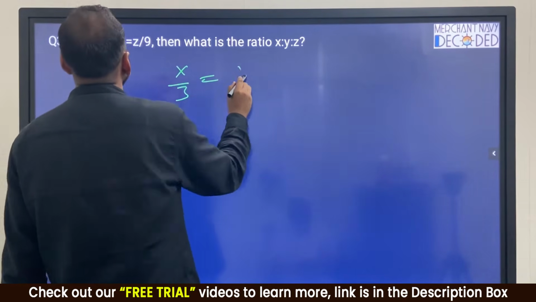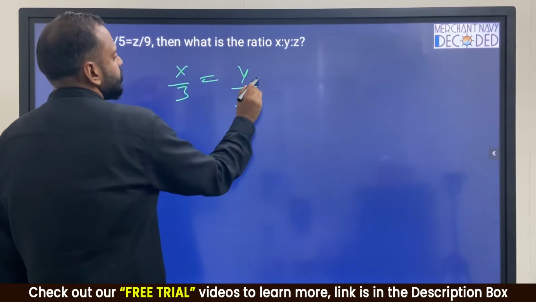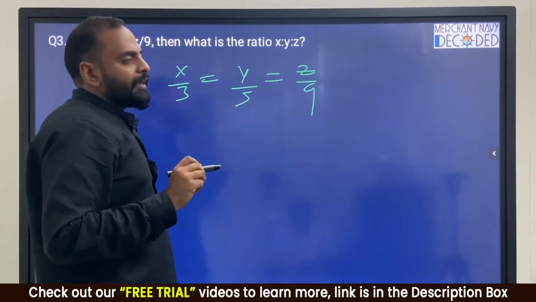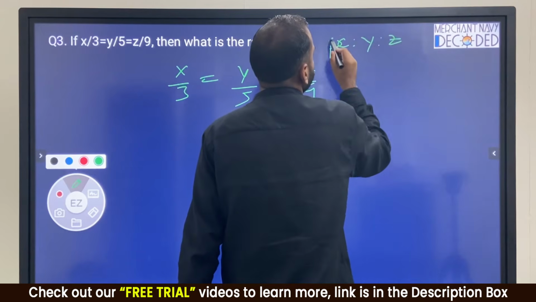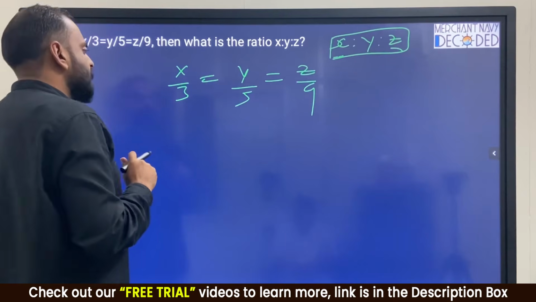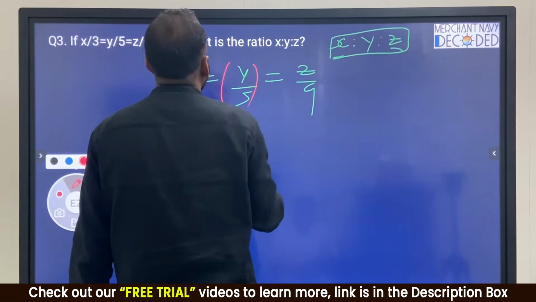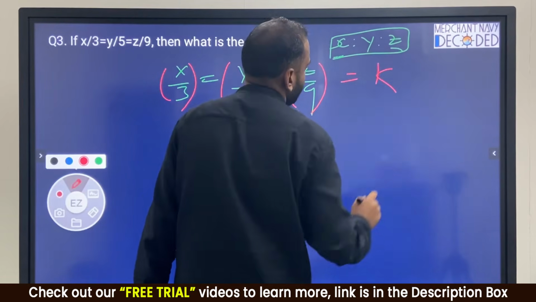x by 3 is equal to y by 5 is equal to z by 9. Then what is the ratio of x is to y is to z? So simply let x by 3 is equal to y by 5 is equal to z by 9 is equal to k.